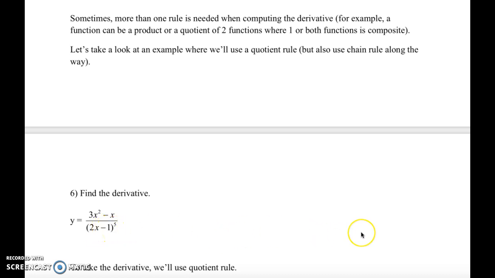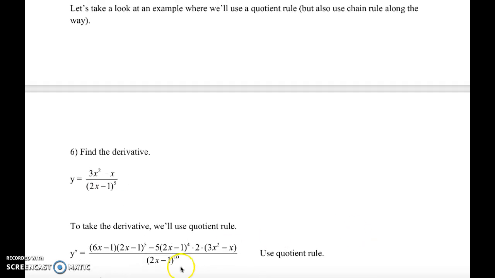So let's look at this as the quotient rule. As the quotient rule, we have the derivative of f of x, which is 6x minus 1, times g of x, 2x minus 1 to the 5th power, and we're going to subtract 3x squared minus x, right here, our f of x, times the derivative of g of x.